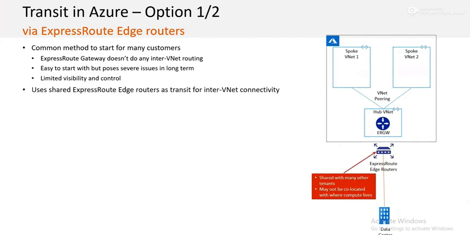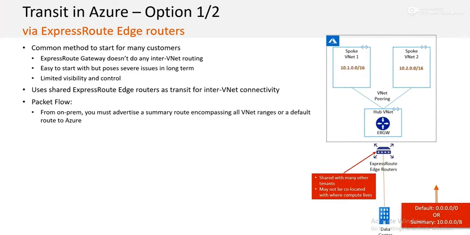One of the components of the ExpressRoute circuit is something referred to as the MSEEs, or Microsoft Enterprise Edge routers. And what this mechanism does is actually leverage that router to provide this transitive communication. Now, this isn't something that most customers see or really ever see, but it is a way that you can provide this transitive communication in a bit more dynamic fashion.